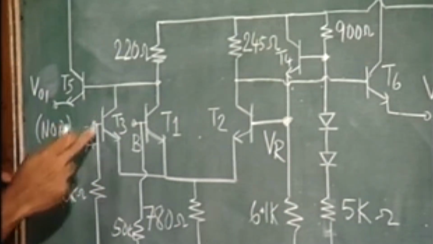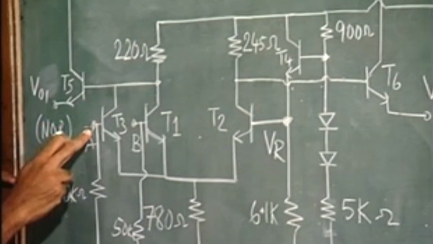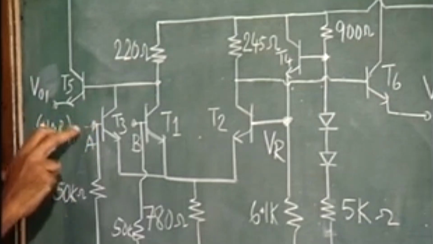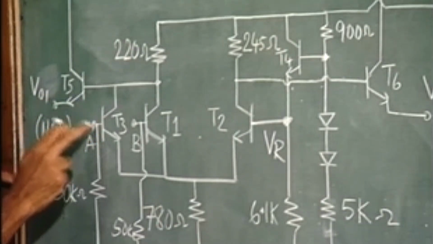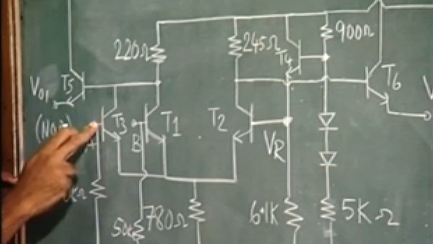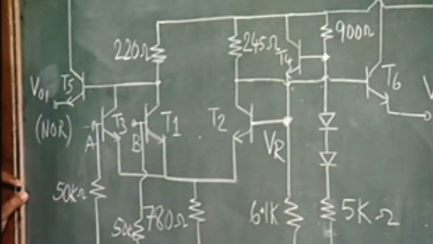If you are not connecting an input here, the logic at that particular input is going to be logic 0, because it is connected to the lower potential through a resistance.